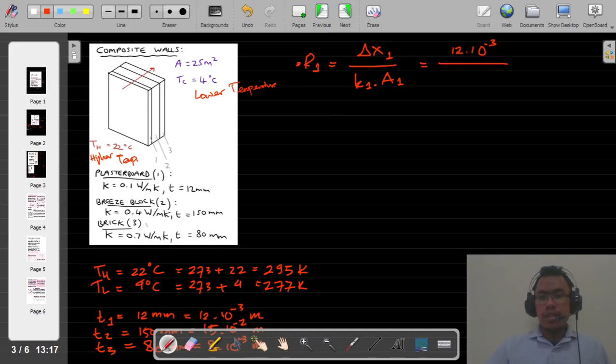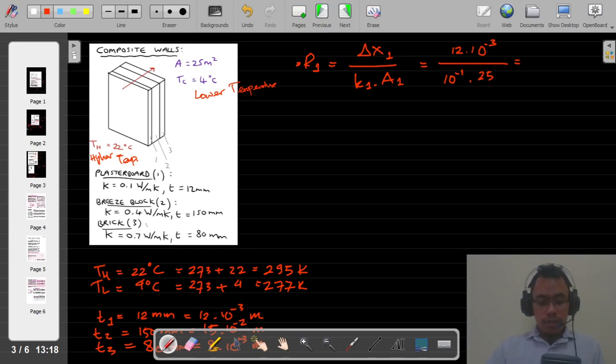So the first k is 0.1, which is 10 to the power of minus 1, times the area. Because the area of every layer is similar, all the values of area will be 25 meters squared. Okay, so I will use my calculator to find this value.